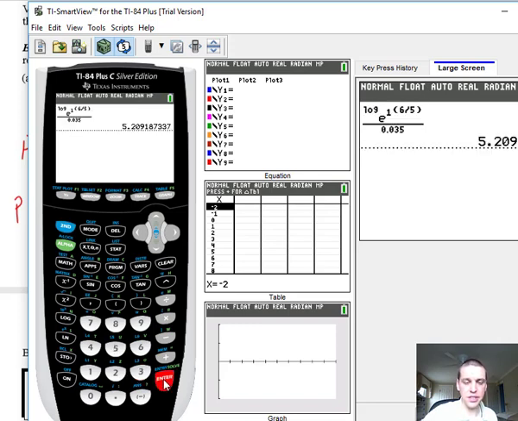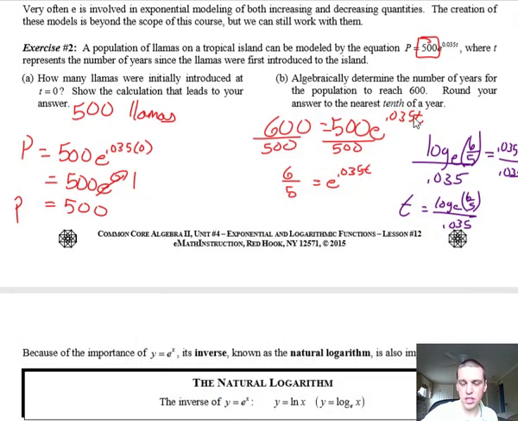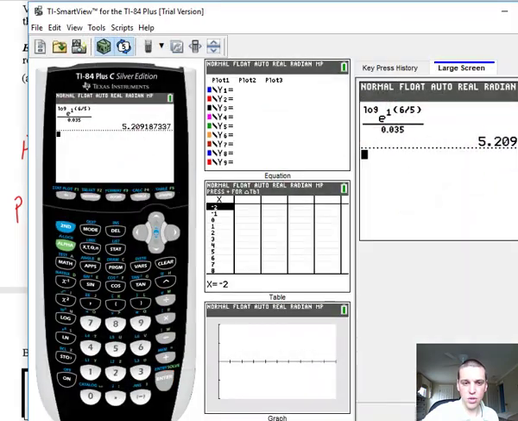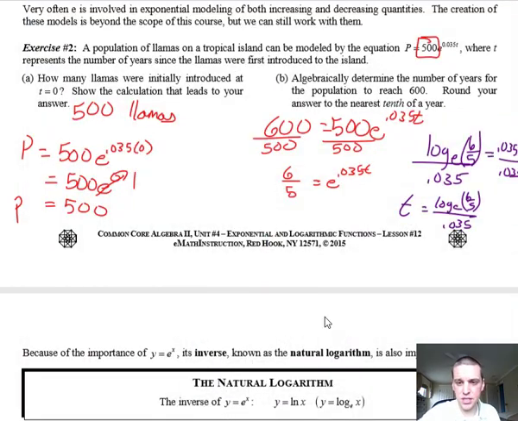You hit enter and we're going to get right around 5.2, and I'm sure it told us what to round to, 1/10 of a year. So we're going to get 5.2 years. So t would be 5.2 years. So that's how long it will take the population for the llamas to reach 600.